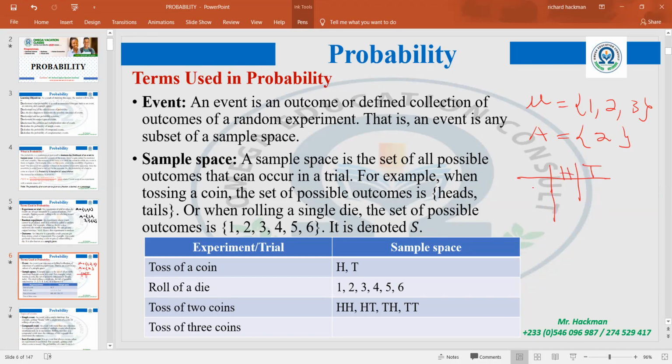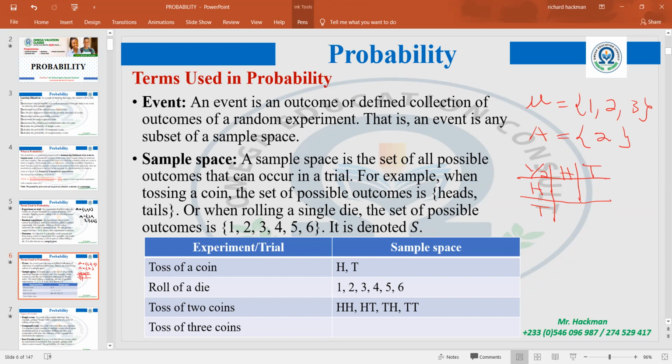Then this second side will also be a head and a tail. Because for every coin that I toss, let's look at the first coin, then the second coin. The first coin, this will be the possible outcome, head or tail. The second coin, head or tail.